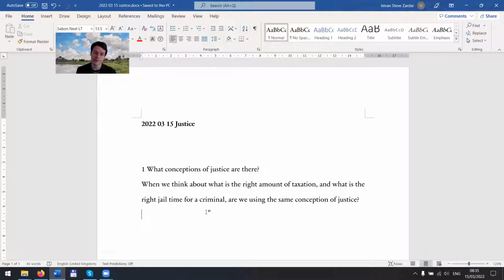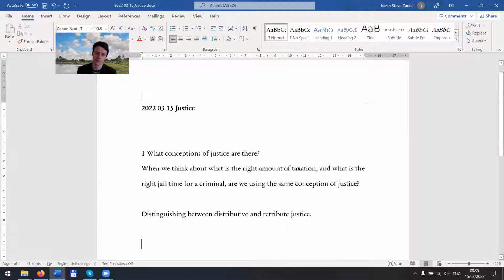And this can help us to distinguish between distributive and retributive justice. And this is one of the basic distinctions if you get to the topic of justice.